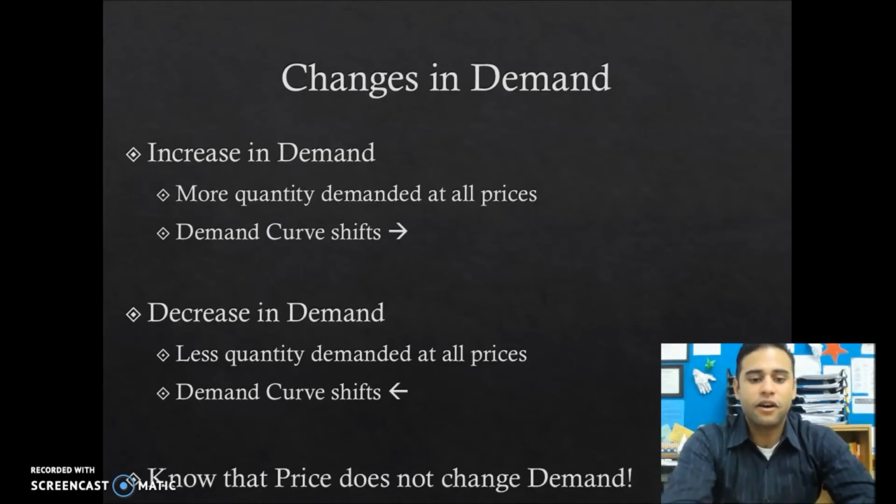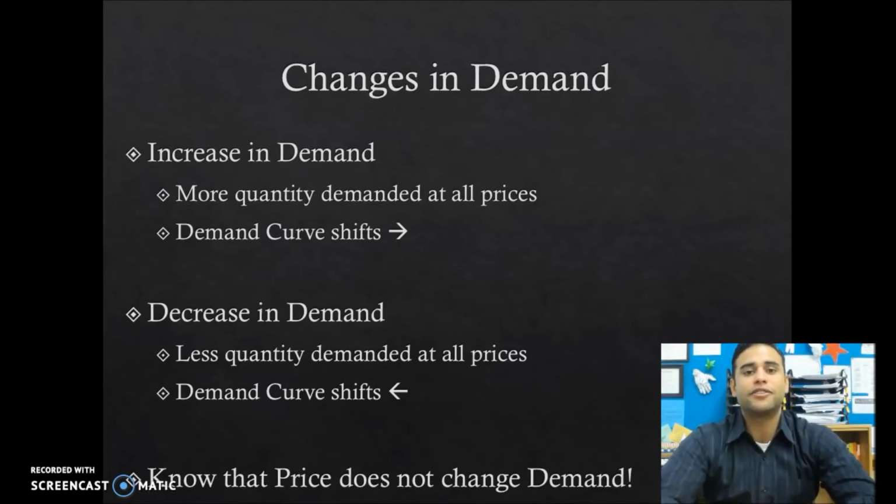And we need to know that price does not change demand. Price does not change demand. The thing that changes demand is a behavioral change. I like it more. Or I've heard good things about it. Or maybe a celebrity came out and endorsed it.